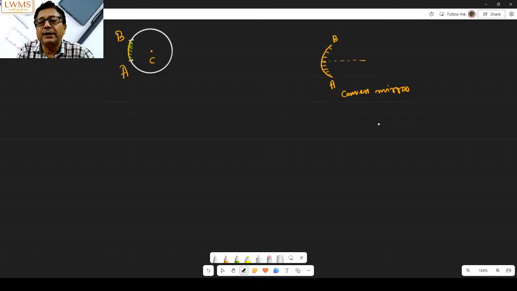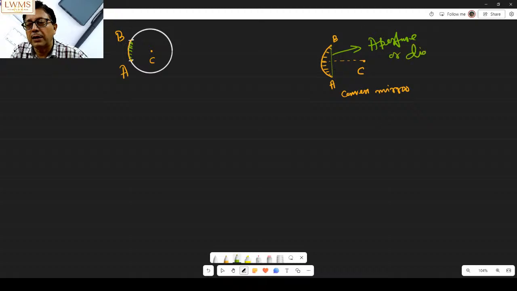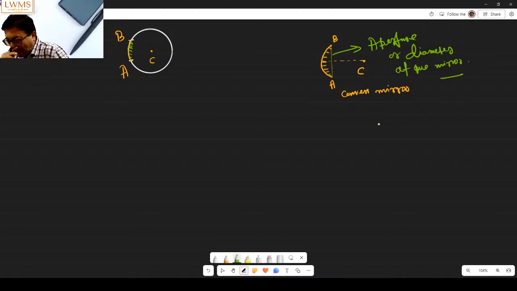Actually, it is the center of the sphere, the center of curvature for the spherical mirror. If you consider a line segment joining A and B, that will be considered the aperture or diameter of the convex mirror.